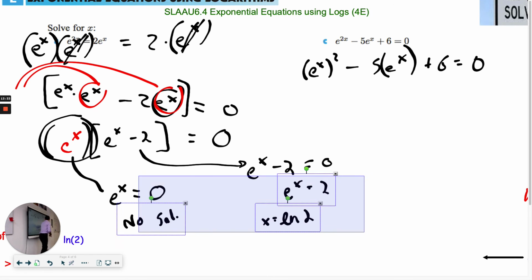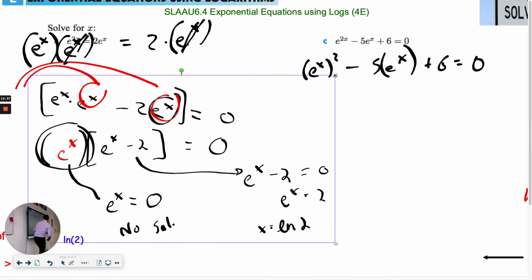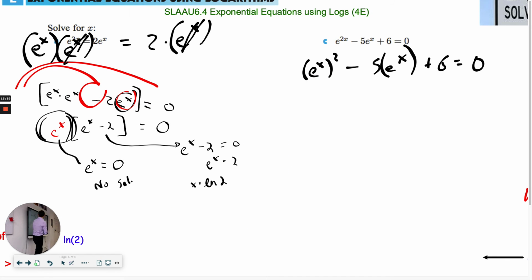When everything gets pretty messy and I'm tight for time and short on mental bandwidth, I'll just switch out the e to the x for an m for a second. Whatever flavor variable you like. And sometimes that helps me factor faster. It's up to you. Often I'll write let m equal e to the x.